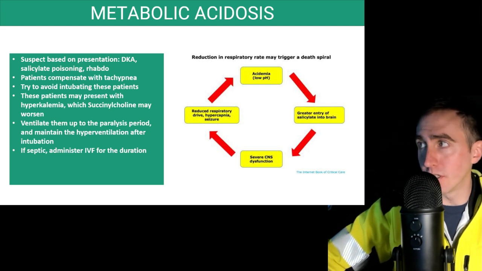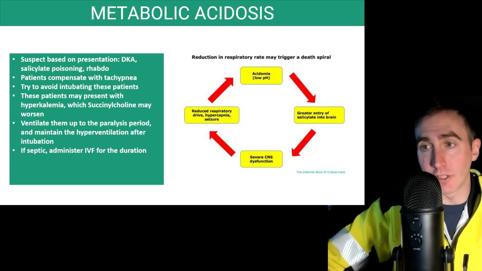Metabolic acidosis. So if you have a patient that you suspect has diabetic ketoacidosis, salicylate poisoning, or rhabdo, you have to be very, very careful. These are the P patients in your HOP killers, the low pH.